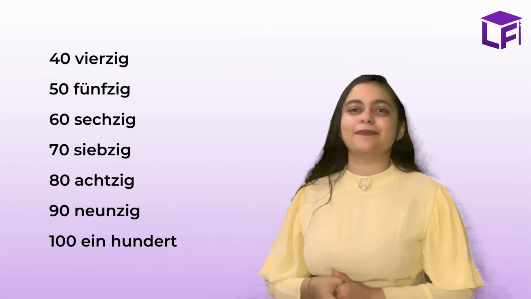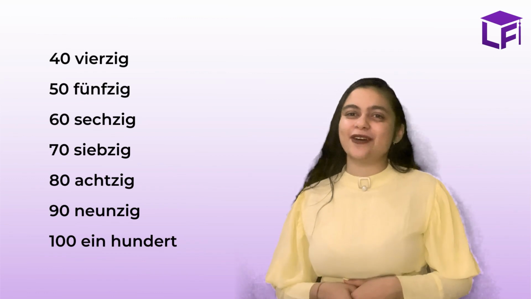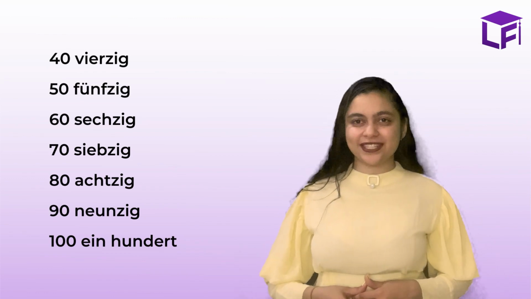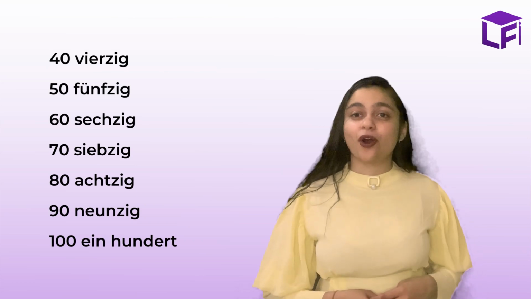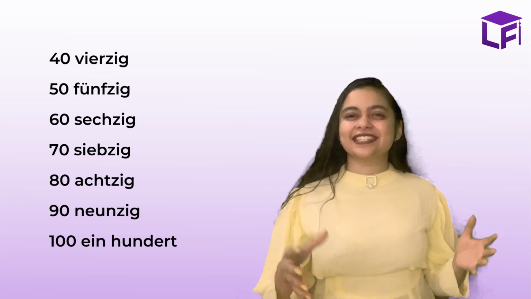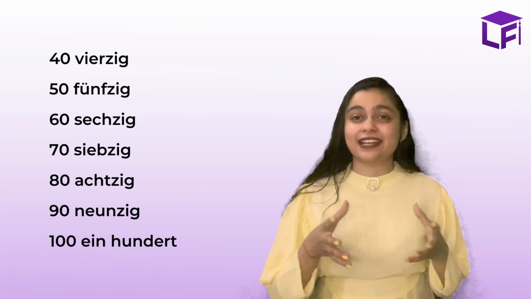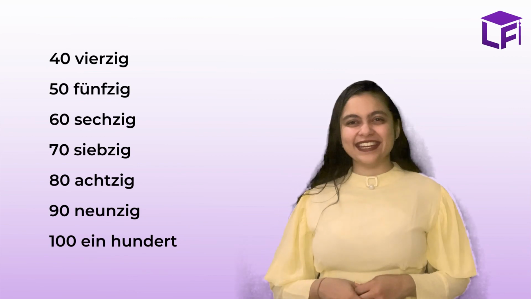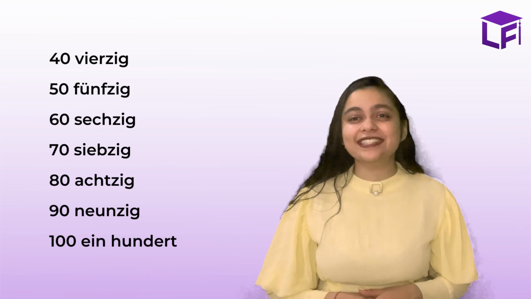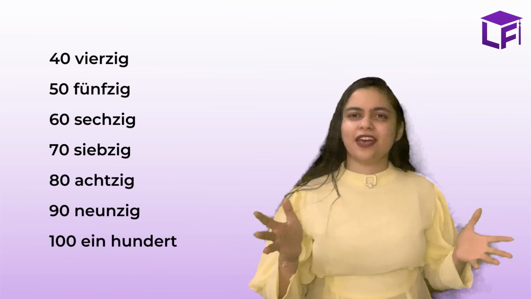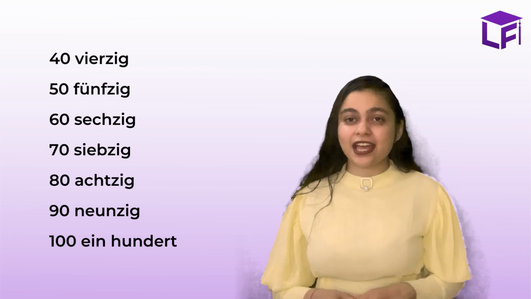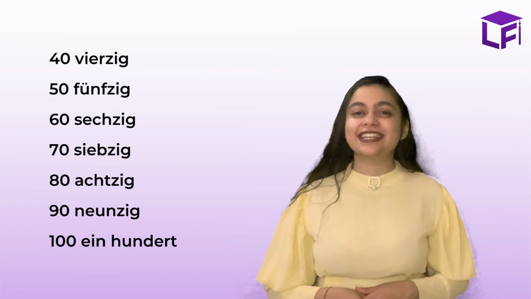So, let's get back. 50 is pronounced as 50. Moving on to 60. 60 is pronounced as 60. Okay. The next one for us is 70. So 70 in German is spoken and written as 70.